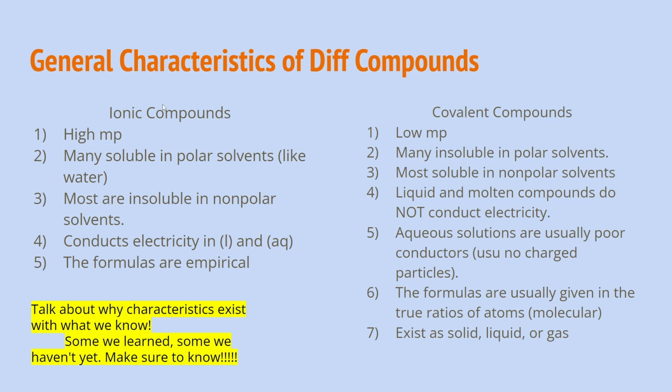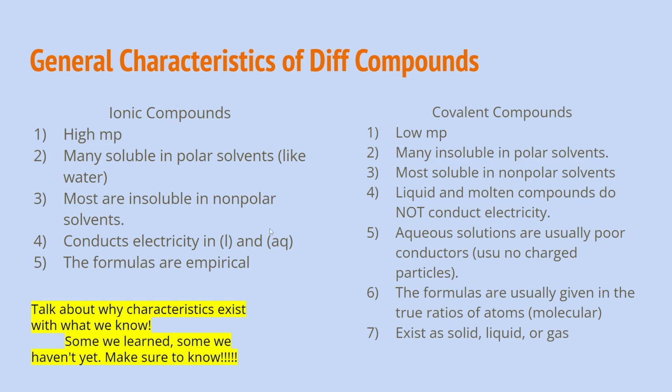For example, on ionic and covalent, we're going to look at number 4, about conducting electricity. So in liquids and aqueous solutions, we can have ions freely flowing, because remember liquids and aqueous solutions are freely flowing, right? And so because they're freely flowing, those charged ions can conduct electricity, since electricity is charged stuff flowing as well.